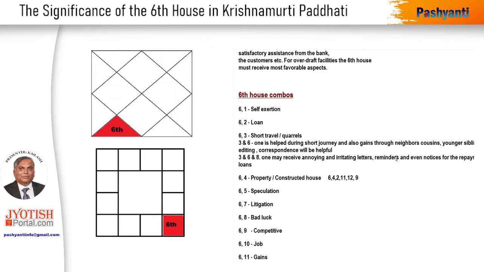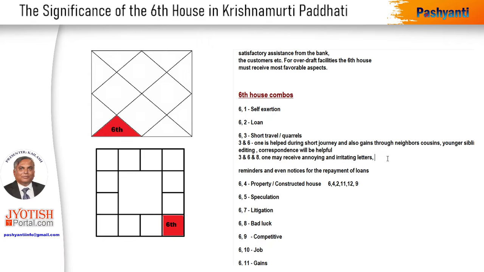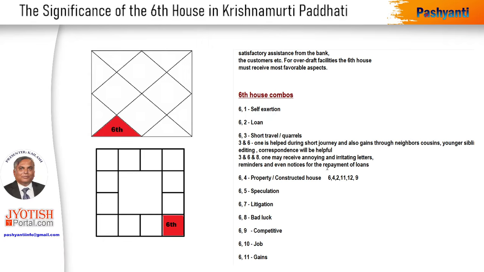But if the same 6th house has this kind of combination with 8, then the interpretation changes. Krishnamurti says that one may receive annoying and irritating letters, reminders, and even notices for the repayment of loans, because the 3rd house is the house of communication, correspondence, and mail, and 6 and 8 is not a good combination.